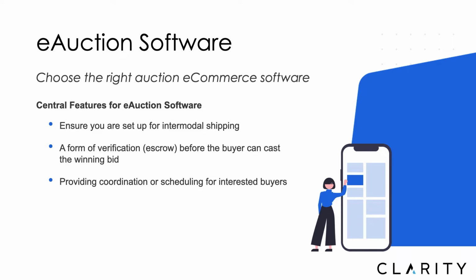Then you also have the actual logistics of coordinating different types of auction sales. A lot of eAuction sales are physical items. Some can also be digital. Some can be such significant physical items that they require special shipping and handling.